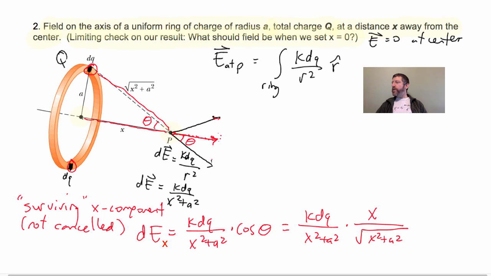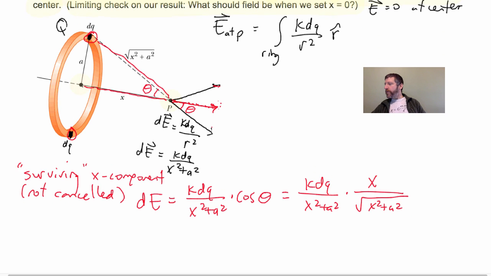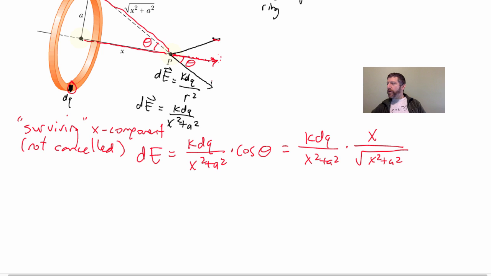Okay, so I'm going to join these together. So the surviving x component, dEx, equals k dq times x over x squared plus a squared, and that's to the 1 and that's to the 1/2, so this is to the 3/2.